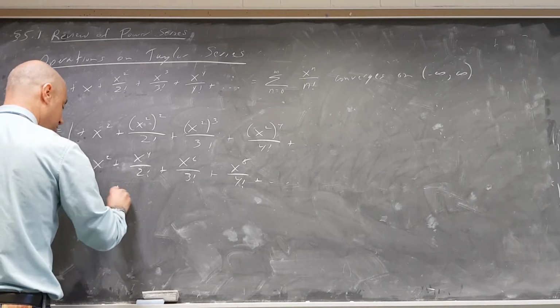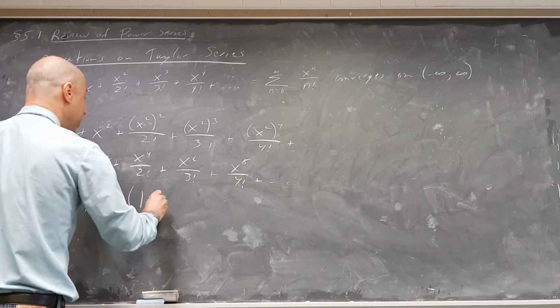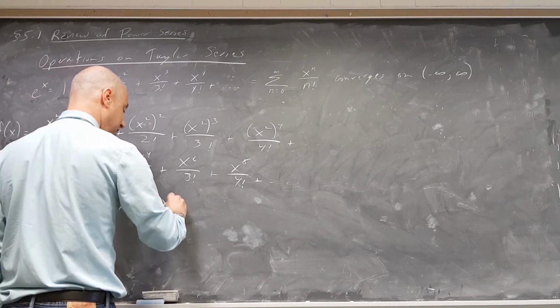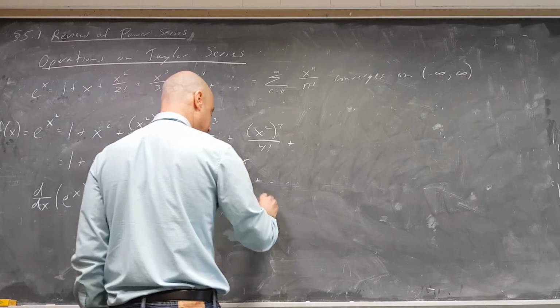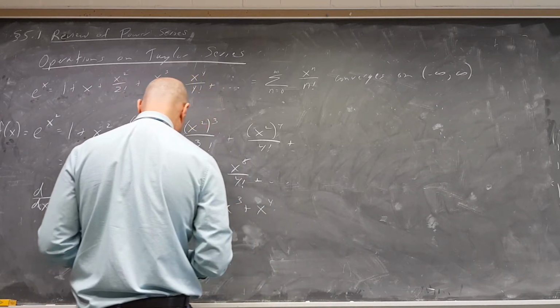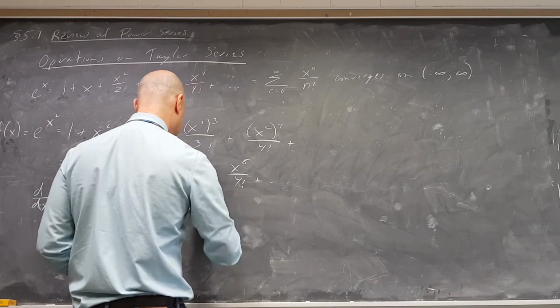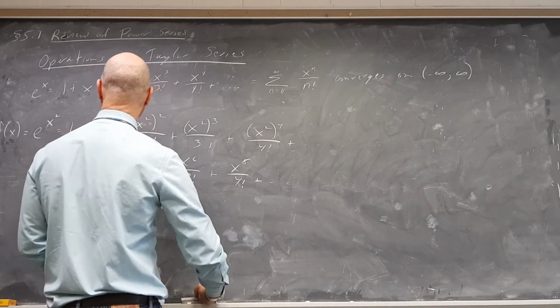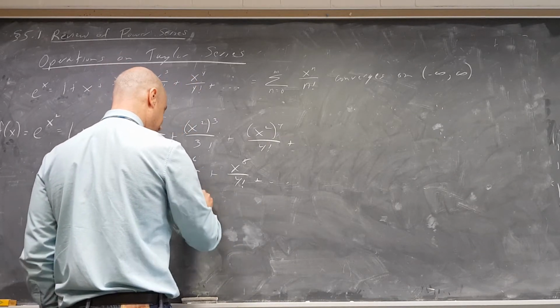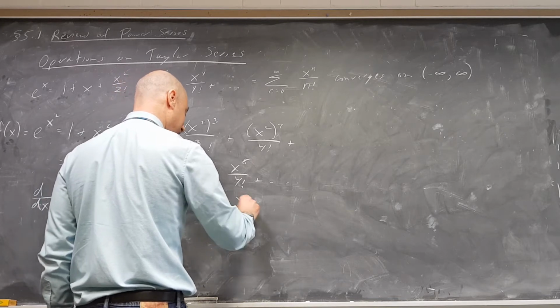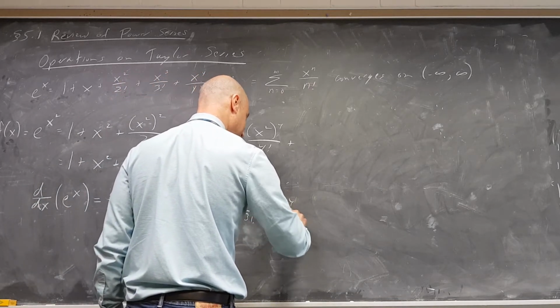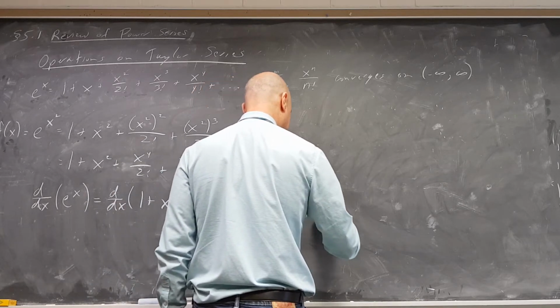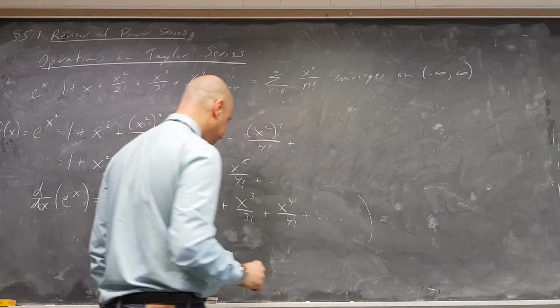Oh, sorry, I misspoke. The Taylor series of e to the x is 1 plus x plus x squared over 2 factorial plus x cubed over 3 factorial plus x to the 4th over 4 factorial plus, and so on, forever.